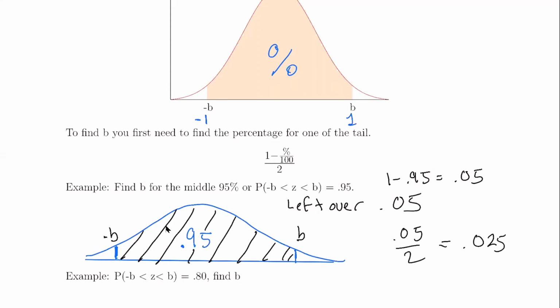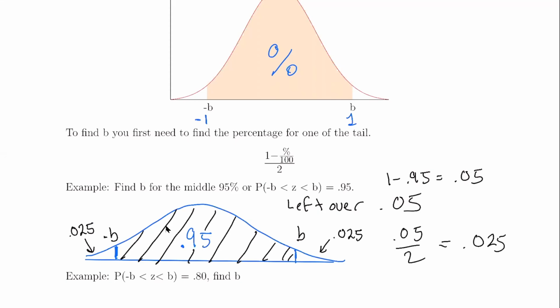So that means this piece over here is equal to 0.025. This piece over here is equal to 0.025. Any question in regard to where the 0.025 came from? All right, so no question.